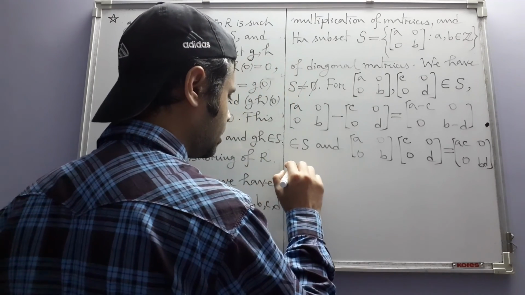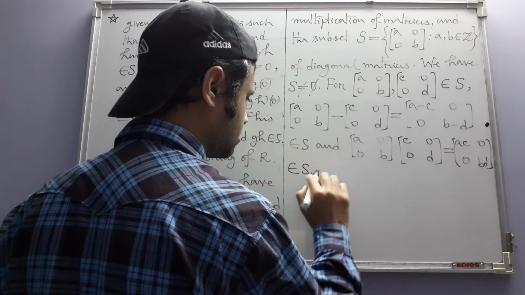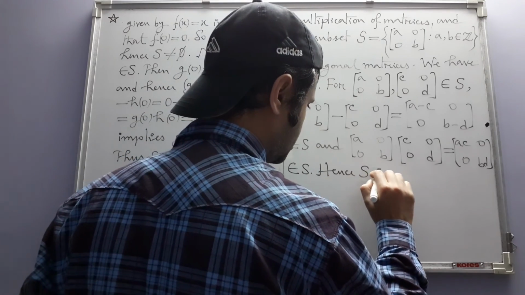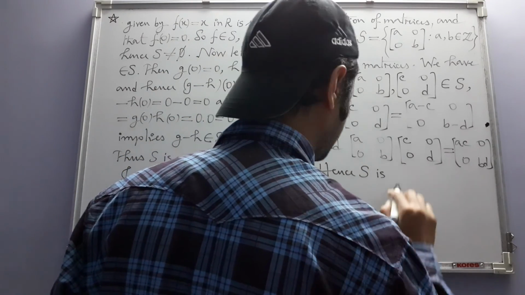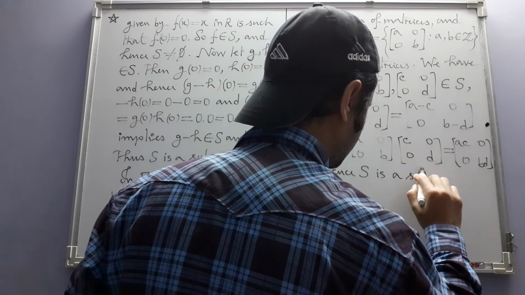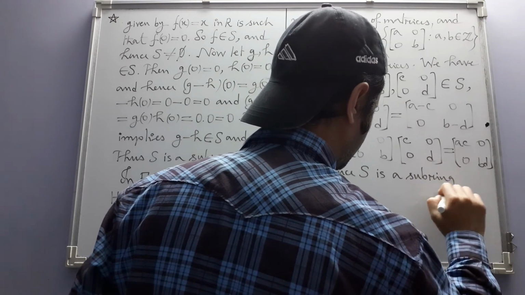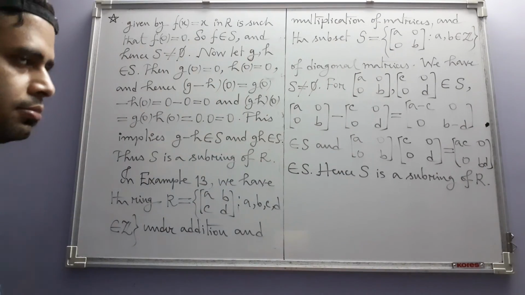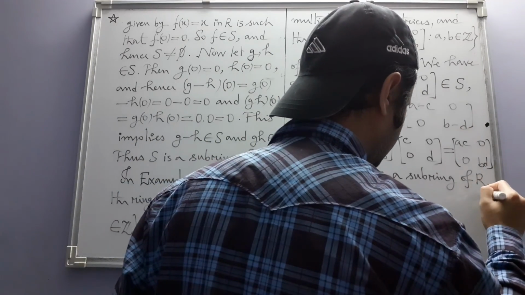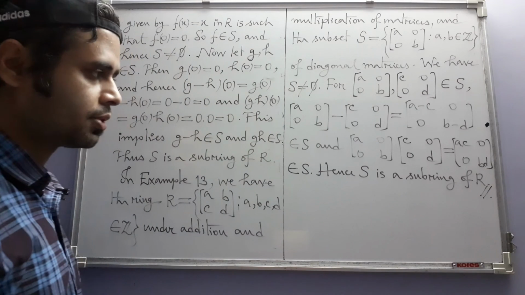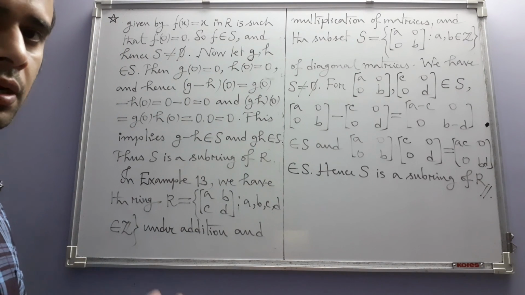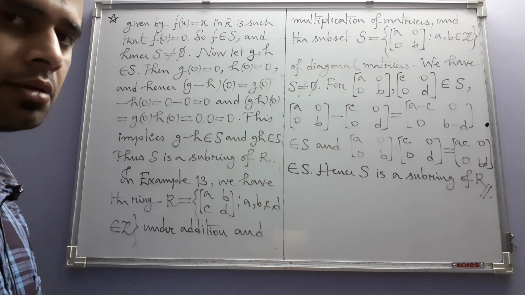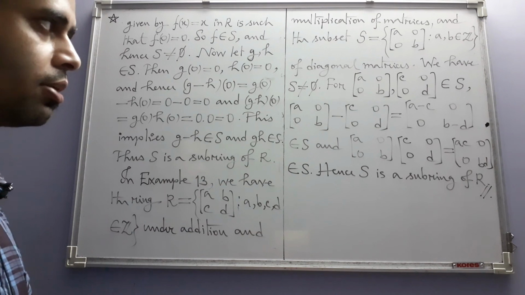So this is again a diagonal matrix, this belongs to S. Hence, S is a subring of R. So we have verified that all the examples from 8 through 13 are actually true, all of them.